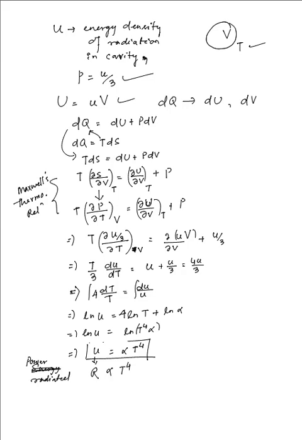And now this radiated energy is equal to some constant, sigma, times T raised to the power 4, and this sigma is what we call Stefan's constant, and this is Stefan's law.